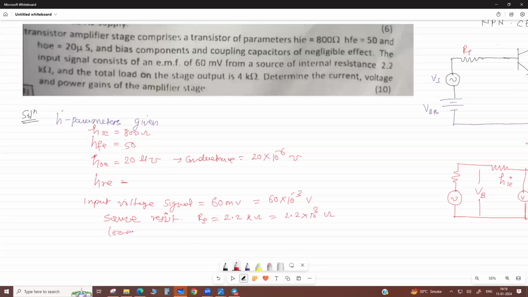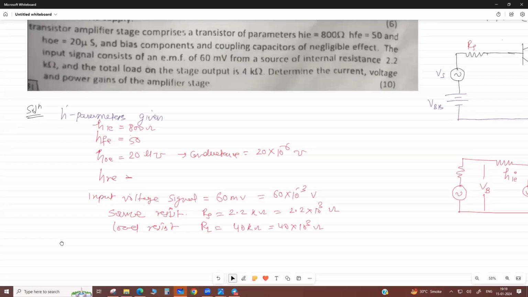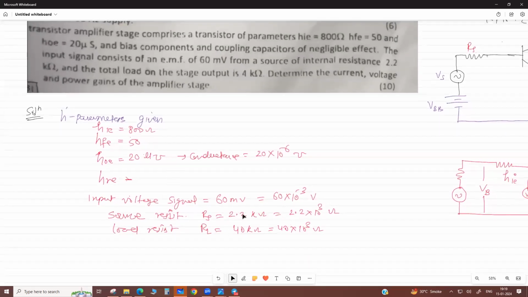Then the load resistance RL is 4 kilo ohm, meaning 4 into 10 raised to power 3 ohm.